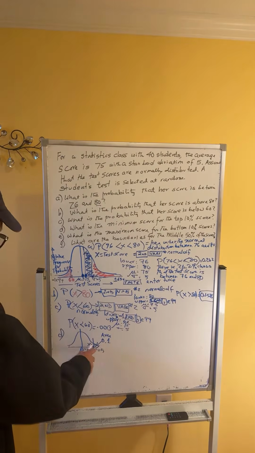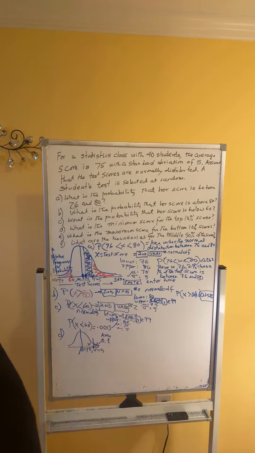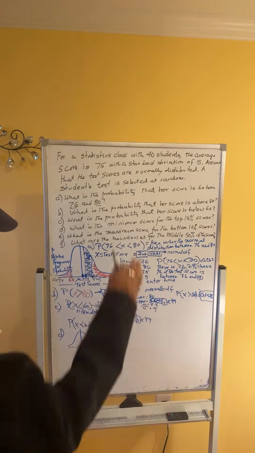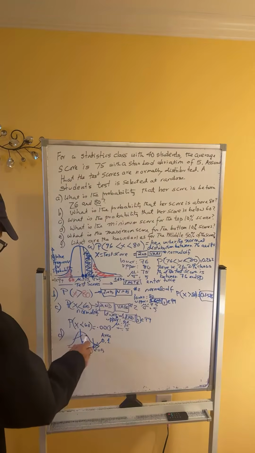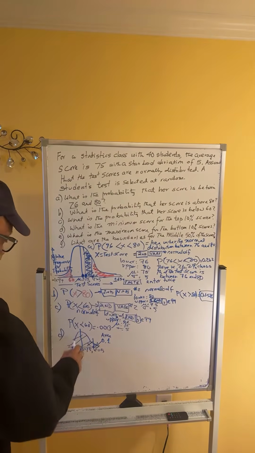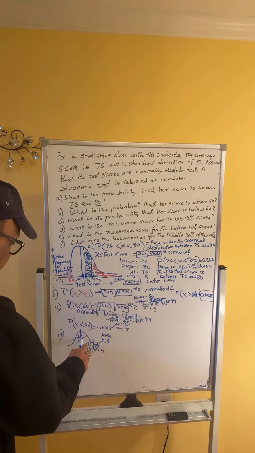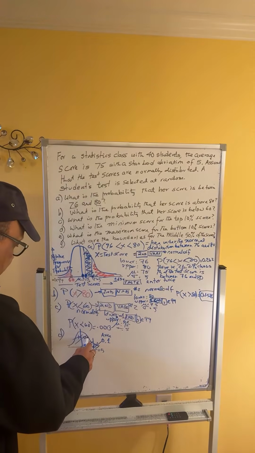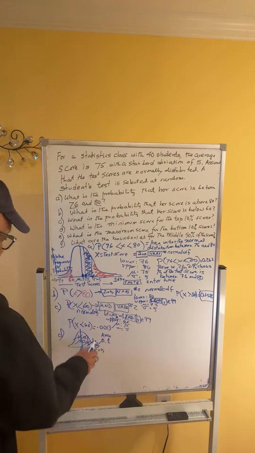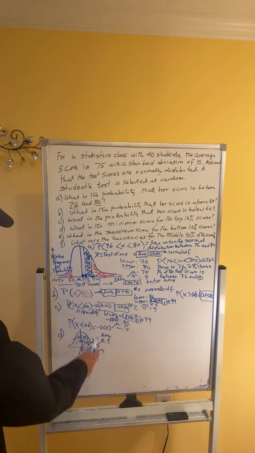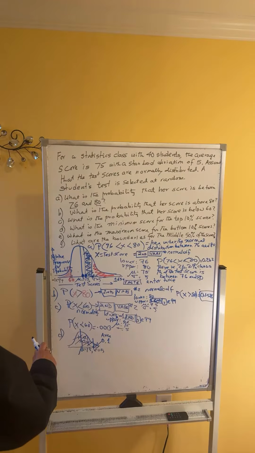This is the minimum score to be in the top 10%, such that the area under the curve to the right is 10%. So what about the area on the left? Total area under the curve is 1, so 1 minus 0.1 is 0.9. So we have to work with the area to the left of the boundary x.